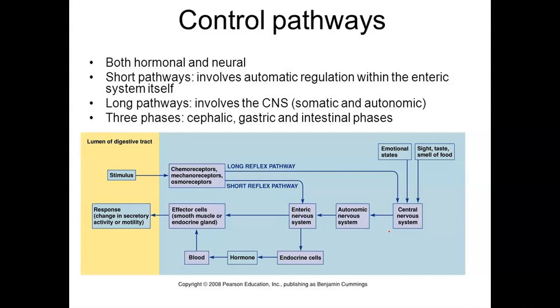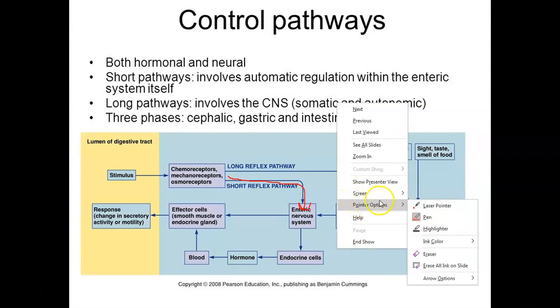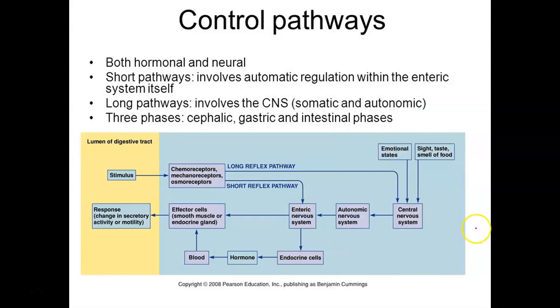Even though the central nervous system is dead and there's no activity in the brain, the enteric nervous system can still function independent of that, and it does. That's why for a brief period following death, your GI tract continues to function.